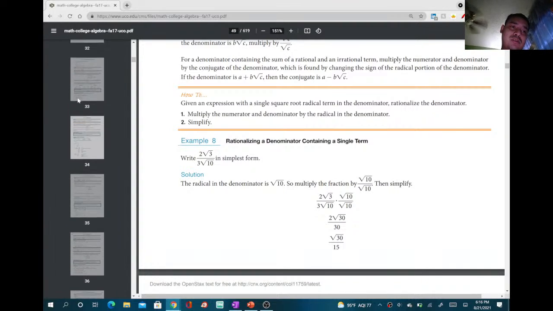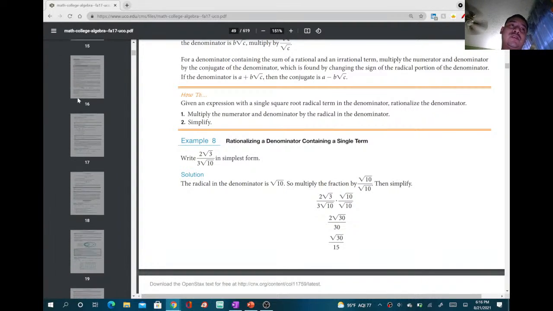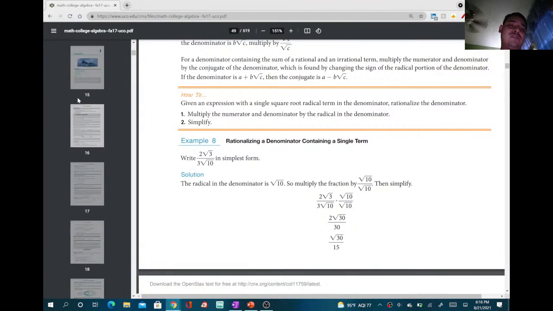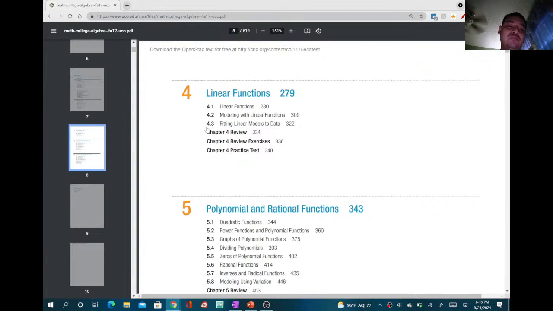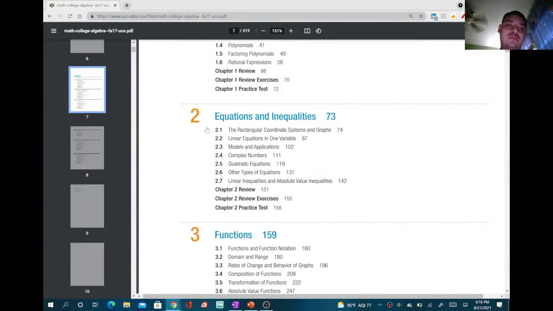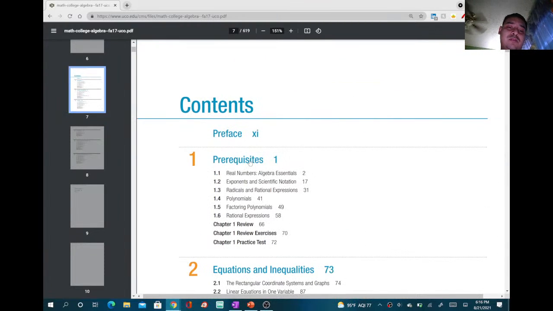I guess every professor has a choice of what book they use, or maybe the school has a choice of what book the professors use. This is just one of the free versions that I found online, easy access, and I'm just using this as reference for some problems.